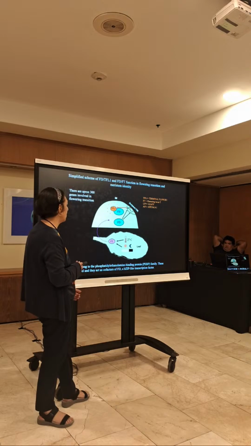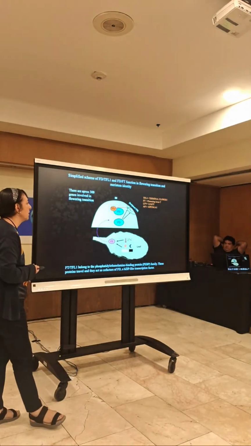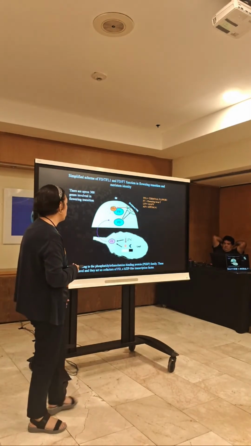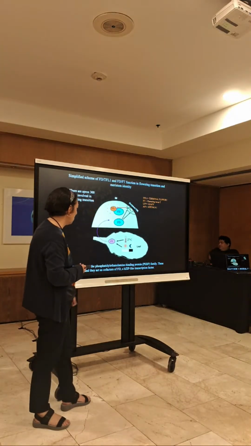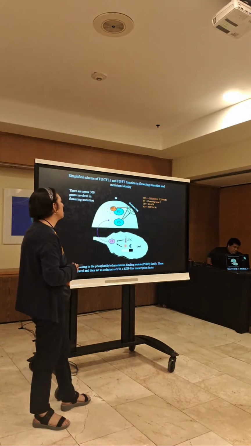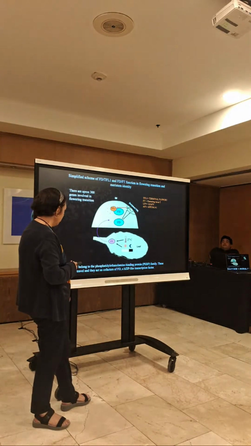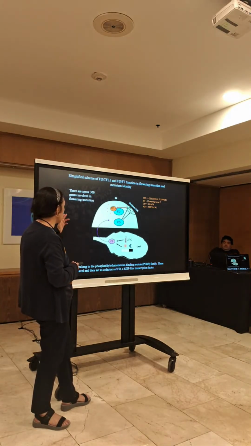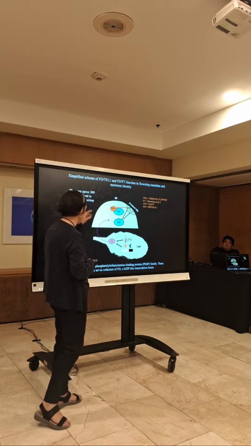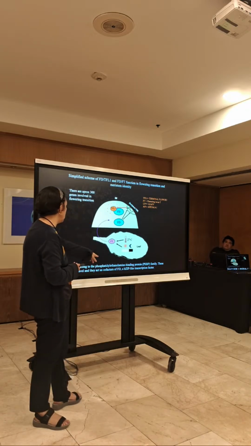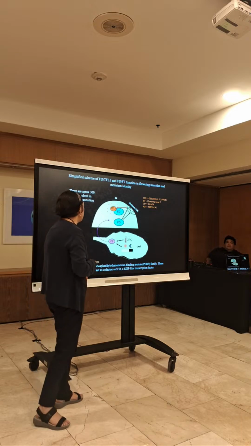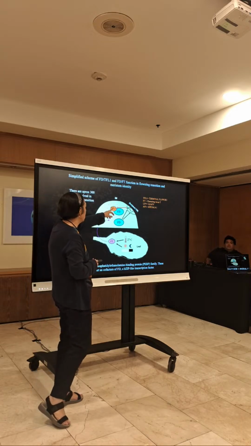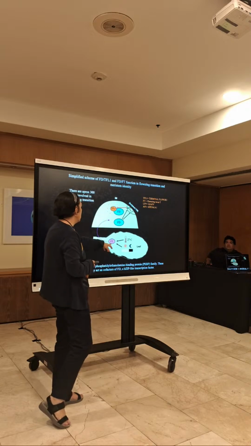The optimum for Arabidopsis to grow is 22 degrees, but in this case warmer temperatures induce flowering. So there are two small proteins that belong to the phosphatidylethanolamine binding protein family. They are Terminal Flower 1, TFL1, and FT.